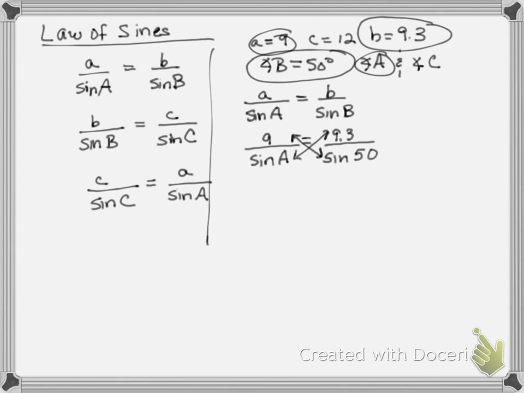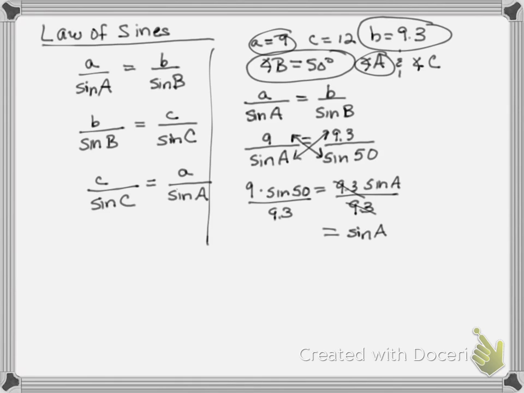So we'll have 9 times sine of 50 is equal to 9.3 times sine of A. We're going to solve for the sine of A, and then we'll solve for A. So I'm going to divide both sides by 9.3, and I'm going to have the sine of A.